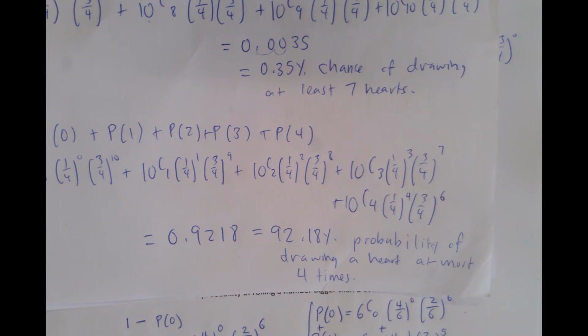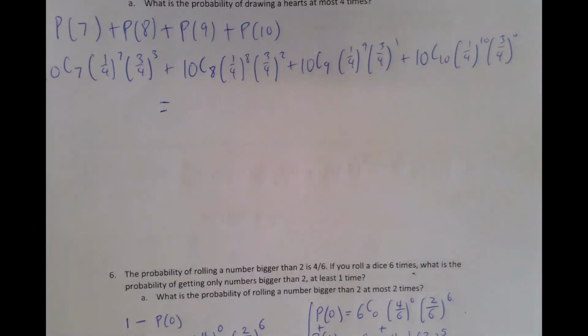Any questions on that? Okay. 5A, which is the second part here, asks, what is the probability of drawing a heart at most 4 times? So when you're asking about at most 4, that means the maximum you can have is 4 or less.